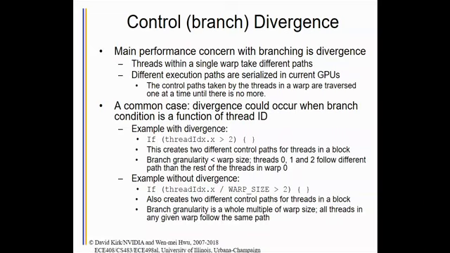Okay, but in some other cases, things may be a little more subtle. So, for example, if you have threadIdx.x divided by warp size is greater than 2, then this will not cause any control divergence in the code, because all the threads in the warp will end up with exactly the same number.